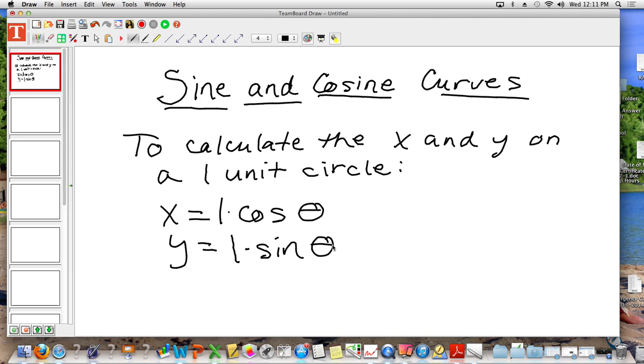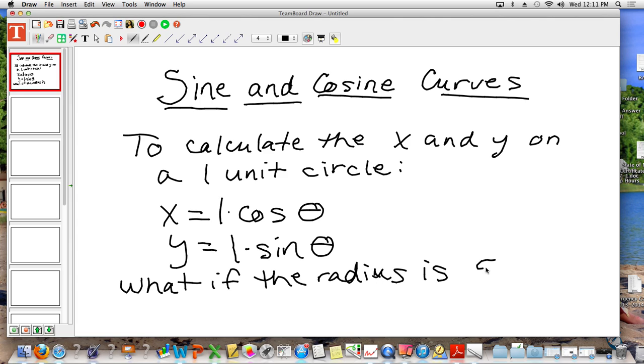All right, but what happens if the radius is 5 instead of 1? What do you do to find the x?